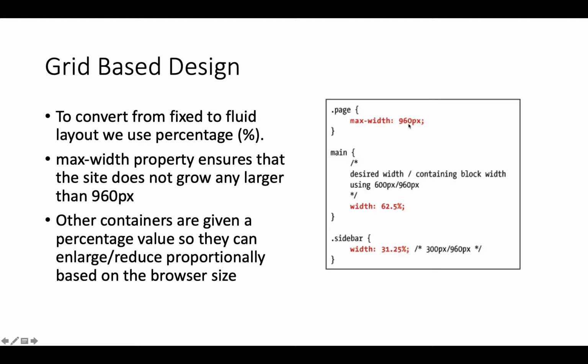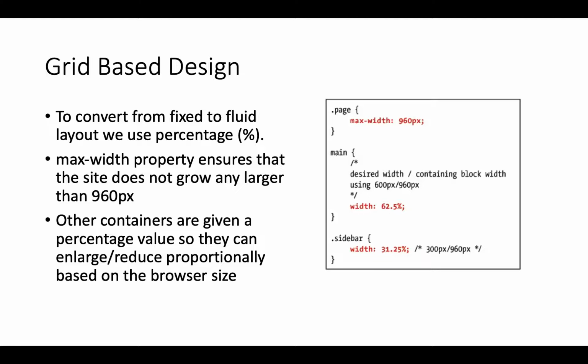Again, this is similar to the examples with the pictures: when the display width is larger than 960 pixels, the web page itself will not increase any further. But what changes is that it sets the width of the main part at 62.5 percent.